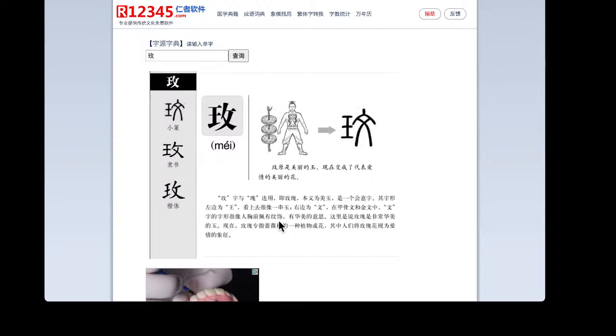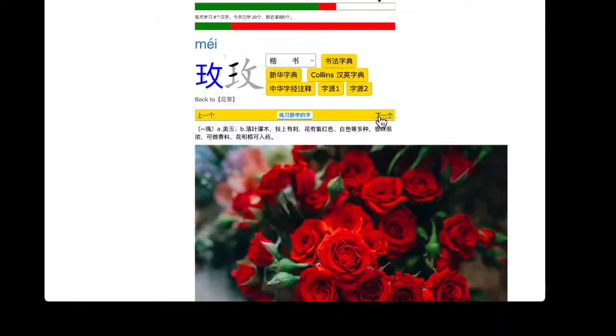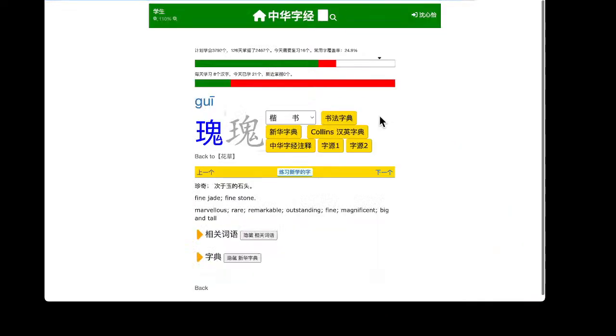So they use that to refer to a rose, right? The rose as a flower is very, very beautiful. And 瑰, 玫瑰, 瑰 again has the jade radical. Now this one refers to a precious stone.